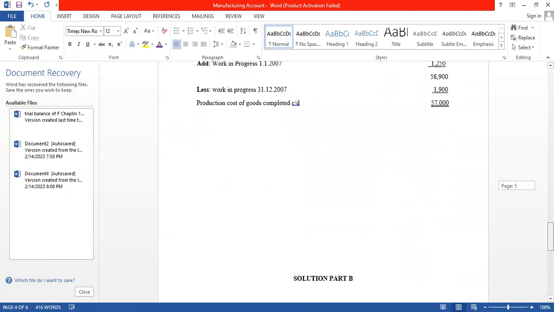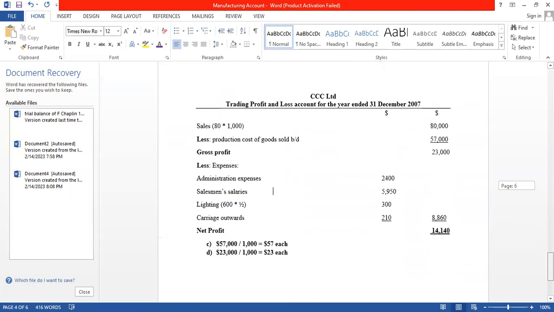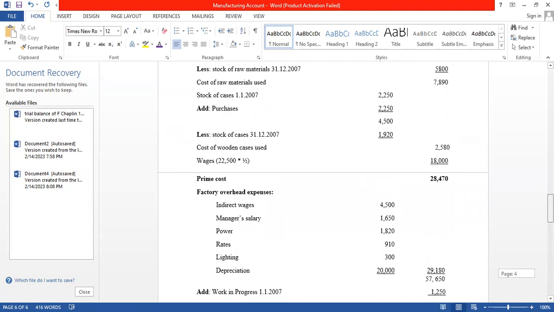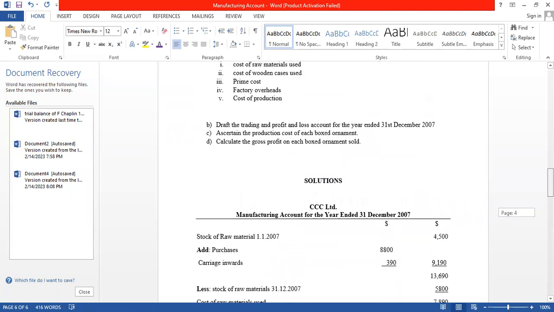So scrolling back down, $57,000 divided by 1,000 is equal to $57 each. That's for C. And let me scroll back up a little bit. C had asked us, let me copy C and D. So C, copy.